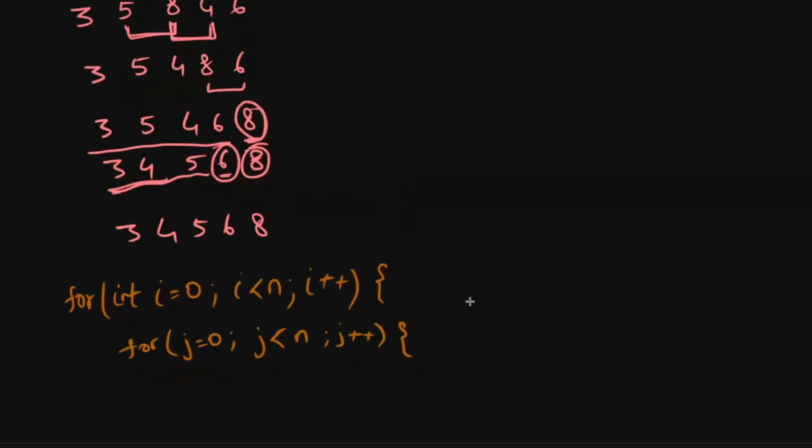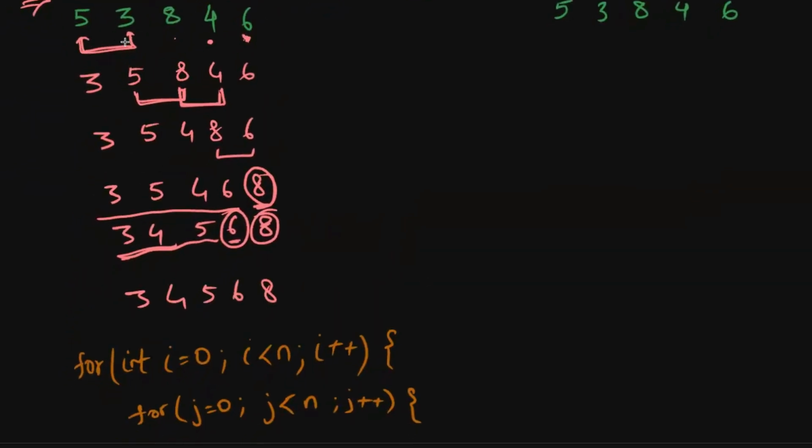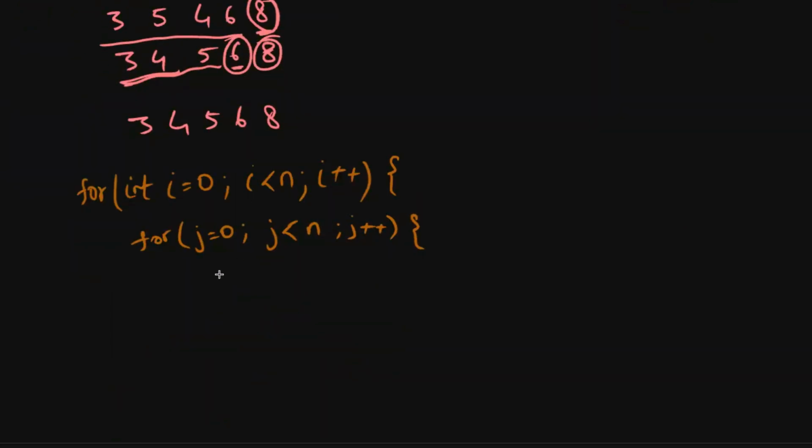Okay. So with this, if we wanted to compare this element with this element, it looks like j and j plus 1. If j is greater than j plus 1, then swap it. So if array of j is greater than array of j plus 1, what we want to do is swap.